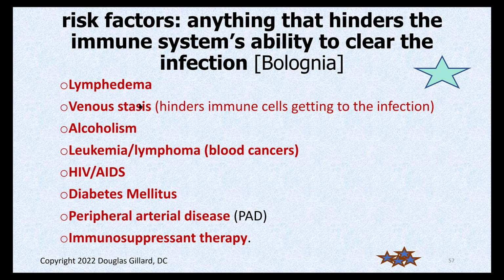If you're swollen to begin with, you're at risk for this infection because you can't get the troops in to beat up the bugs that are causing the inflammation. Why can't you get the troops in? Because the troops have to come out of the bloodstream and swim through the interstitium. And if the interstitium is filled up with zillions of water molecules because you're swollen, it's hard to get the troops in to fight the battle. So that's how that mechanism works.